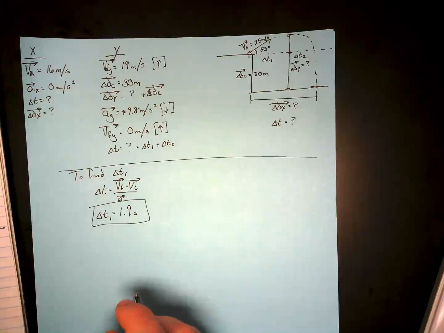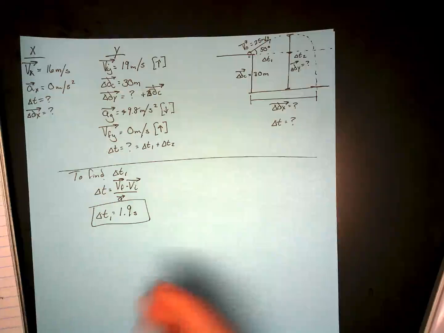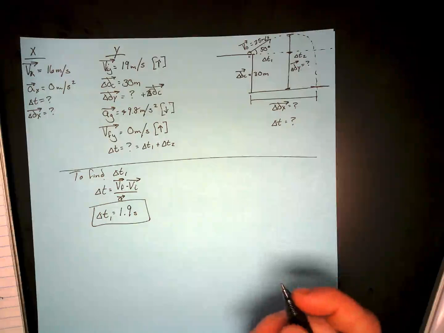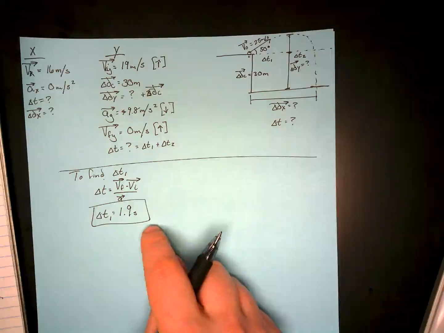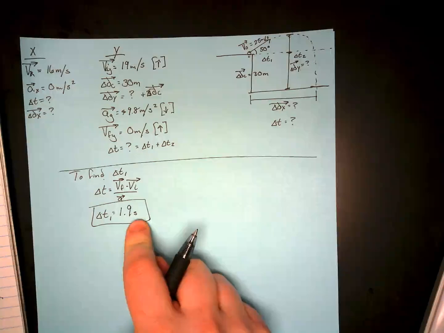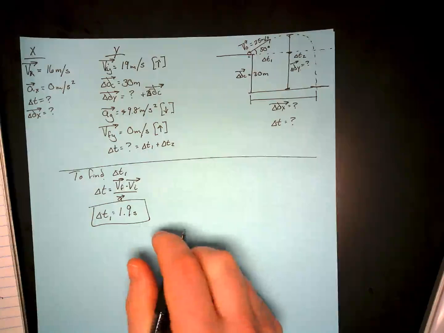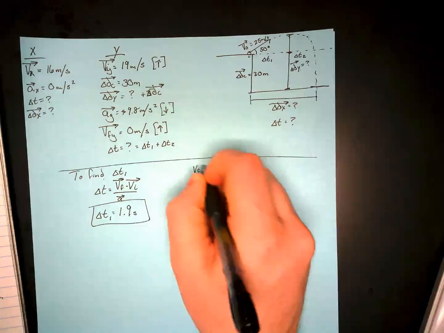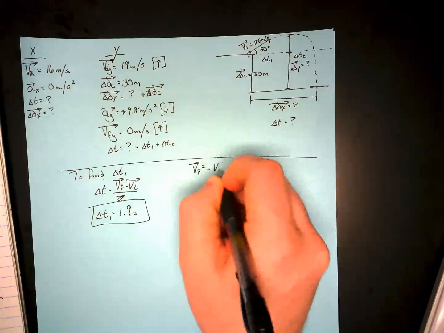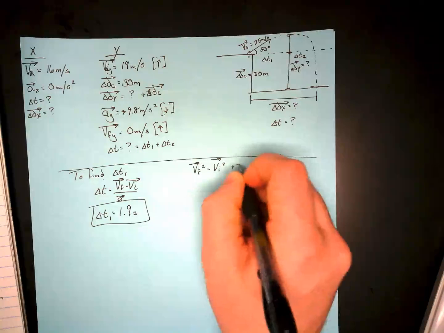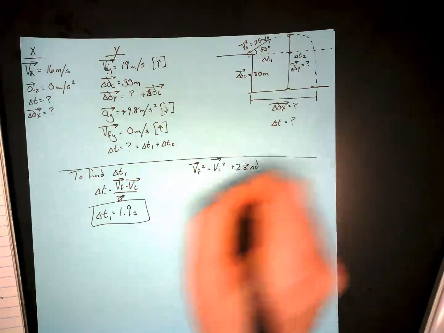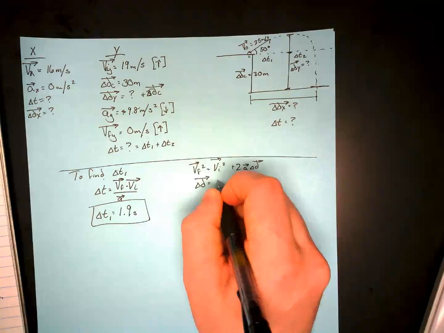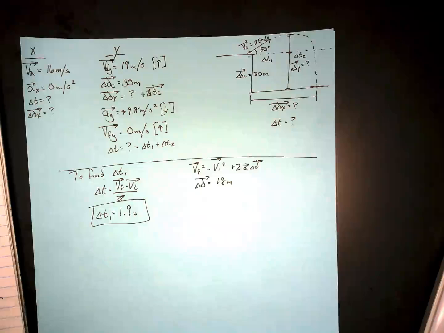Now that you have that, you can solve for displacement in any way you like. If you found your max height before, you can use the equation VF squared equals VI squared plus 2AD, and you would find that displacement is going to equal 18 meters.